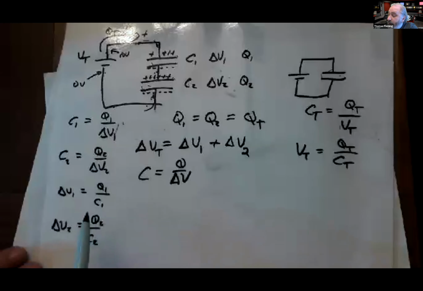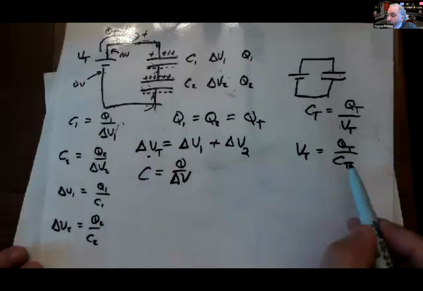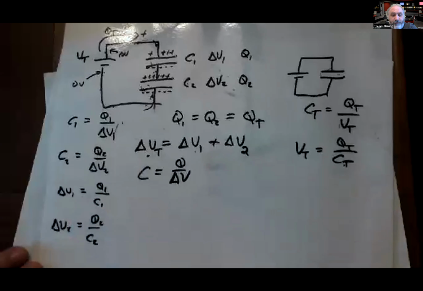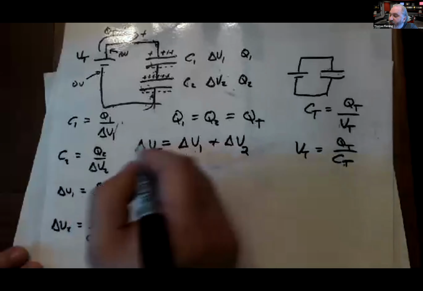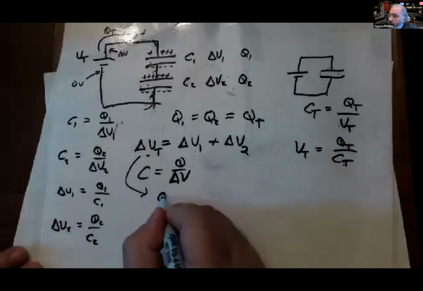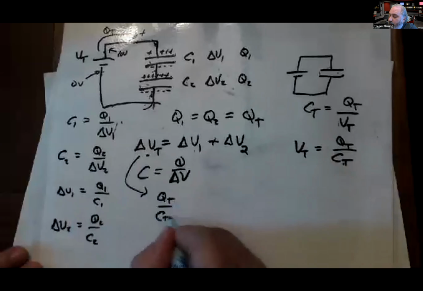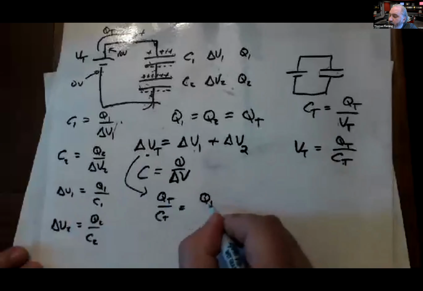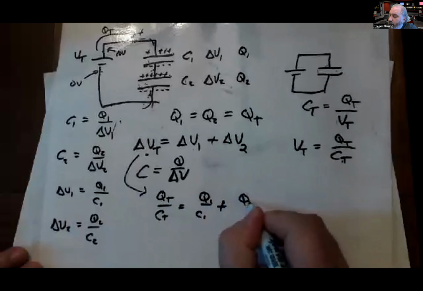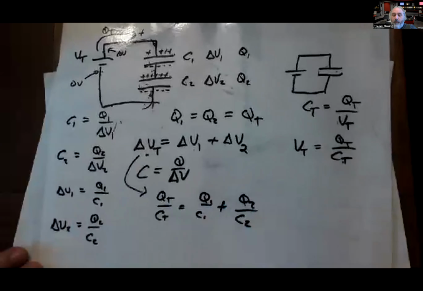But then I can replace delta V total with this, delta V1 with this, and delta V2 with this. So this expression turns into Q total over C total equals Q1 over C1 plus Q2 over C2.